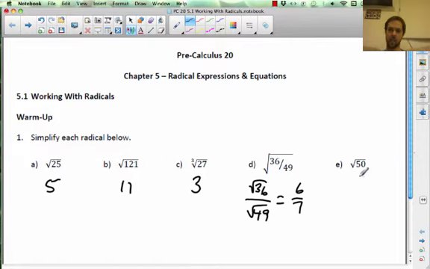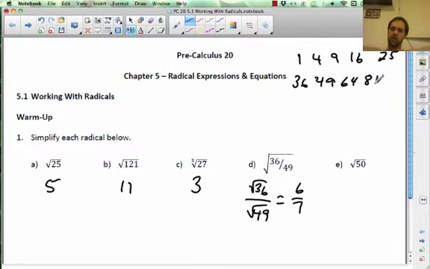And then for part e, like I said, we look for numbers like 1, 4, 9, 16, 25, 36, 49, 64, 81, 100, and so on.